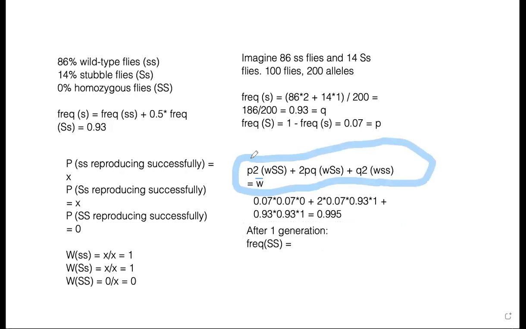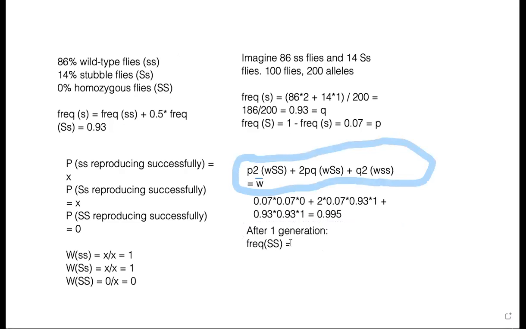So that gets us p squared times W big S over W bar plus 2pq times W big S little s over W bar plus q squared W little s over W bar equals W bar over W bar, which is 1.